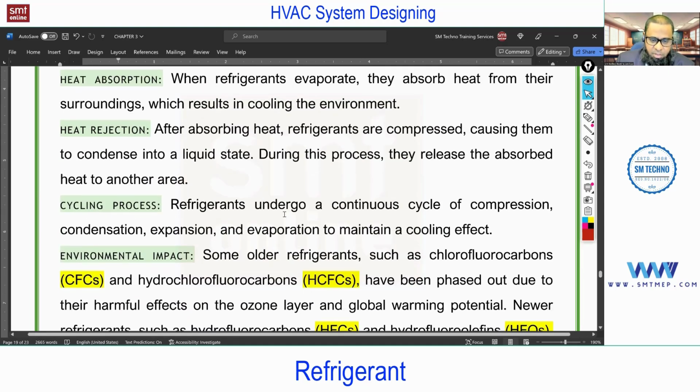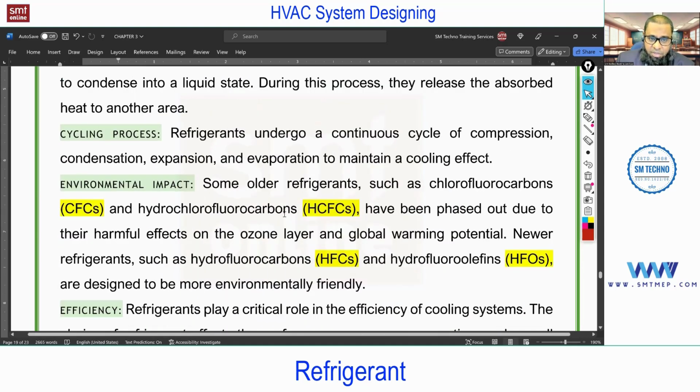But before this, if we talk about the classification of refrigerants, all refrigerants are classified into three categories. One is CFC, second is HCFC, and the third is HFC.